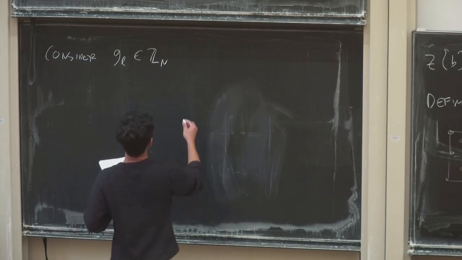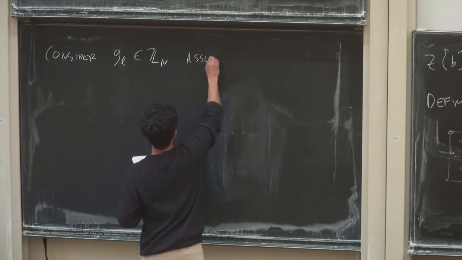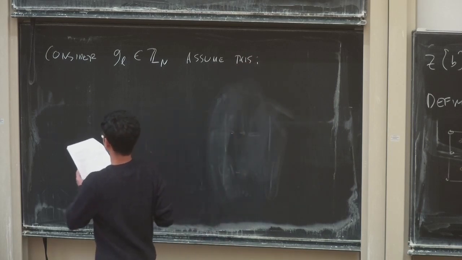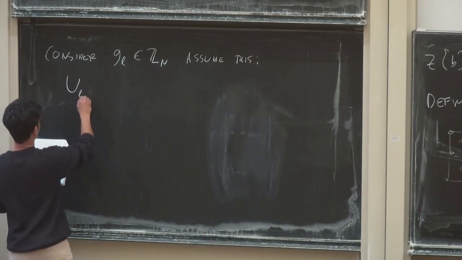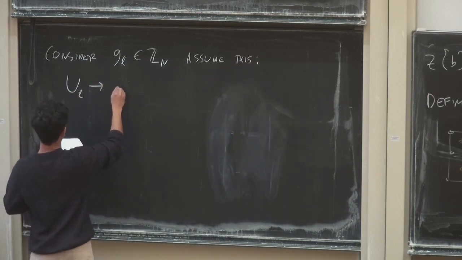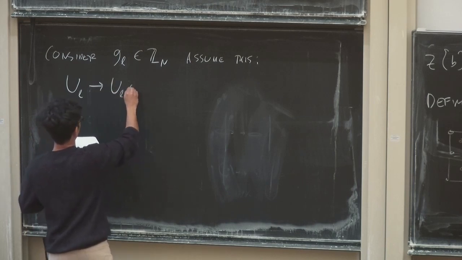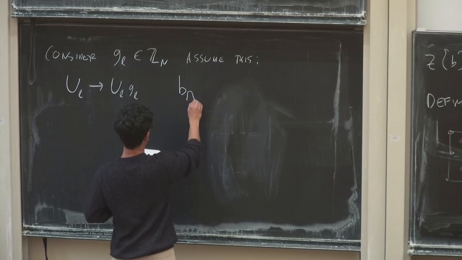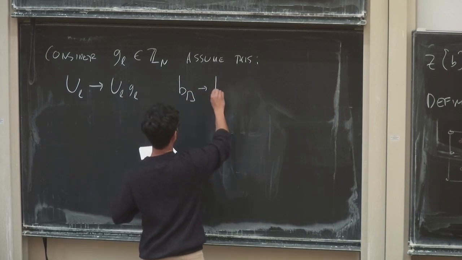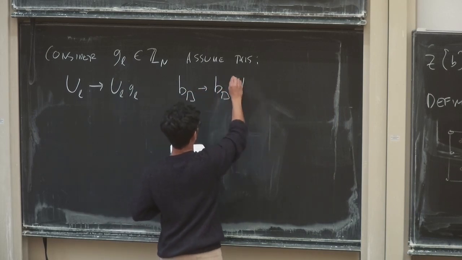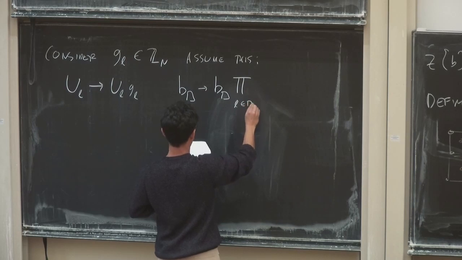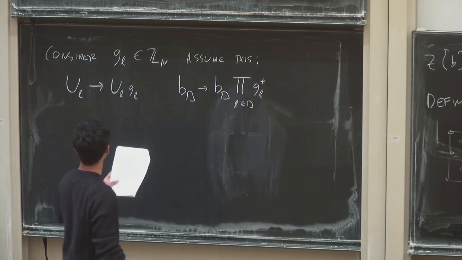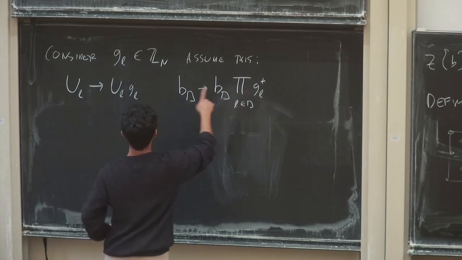And assume that it acts on the plaquette variables like this: UL goes to UL times GL, and the source B goes to GL dagger. I think I have my signs correct. This is the opposite of that.